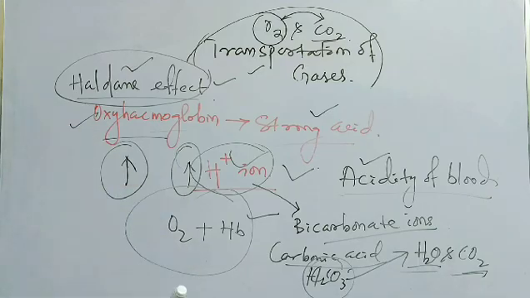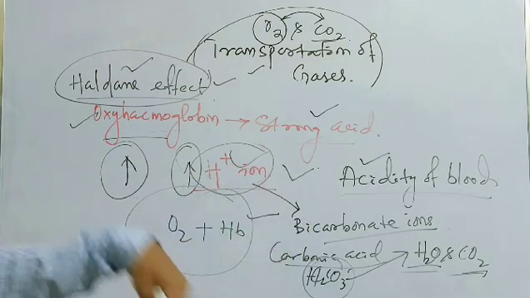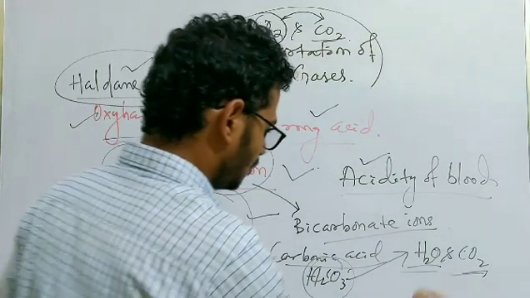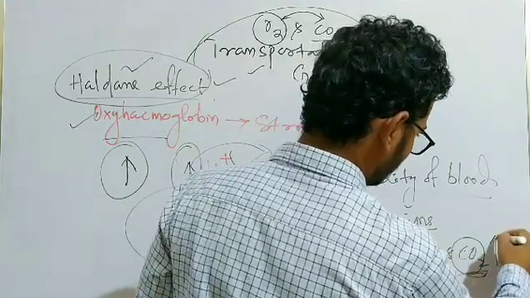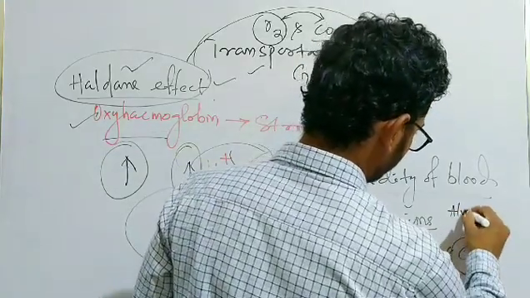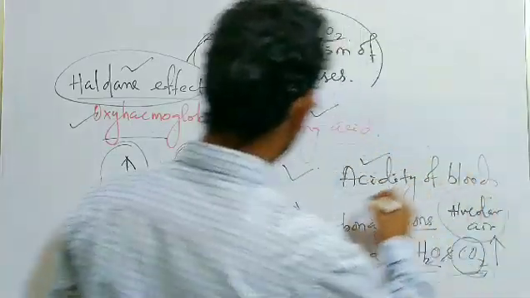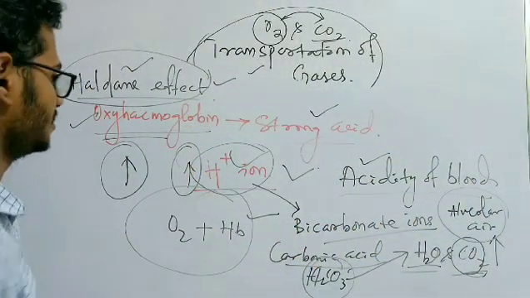That is the reason why more and more carbon dioxide is released into alveolar air as a result of the formation of oxyhemoglobin.